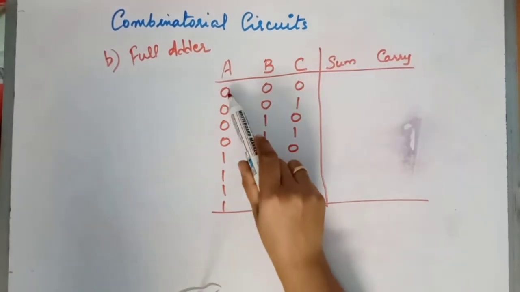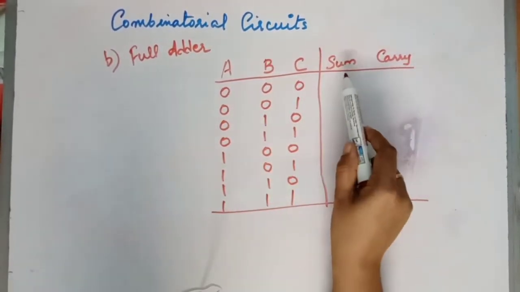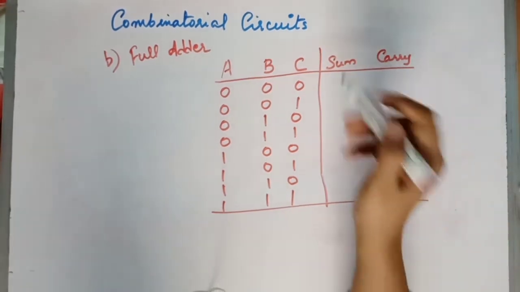Now what will you do? 0 plus 0 plus 0. That is sum, and if there is a carry, you will write it as the carry.